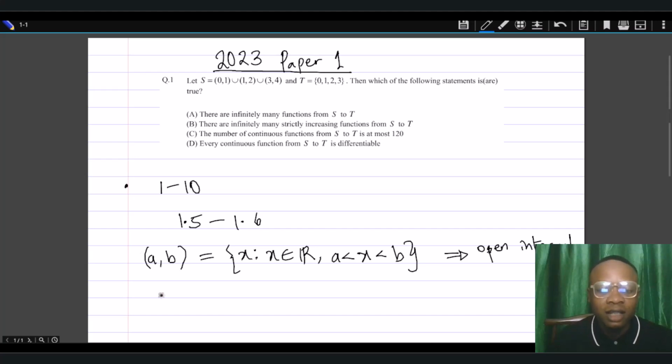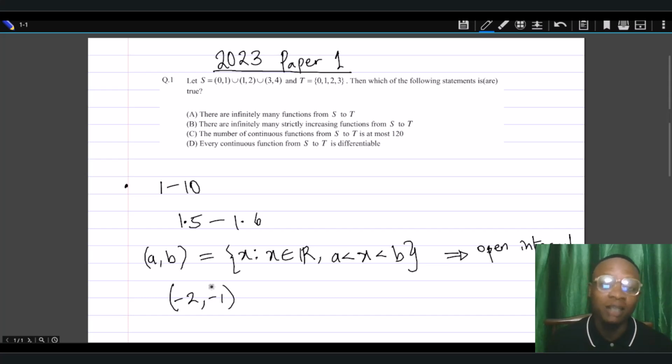For instance, if I have the interval (-2, -1), this means all real numbers greater than -2 but less than -1. Think about it: what is the smallest real number that is greater than -2? Fun fact, you cannot tell what that is. You might think that is maybe -1.999999.